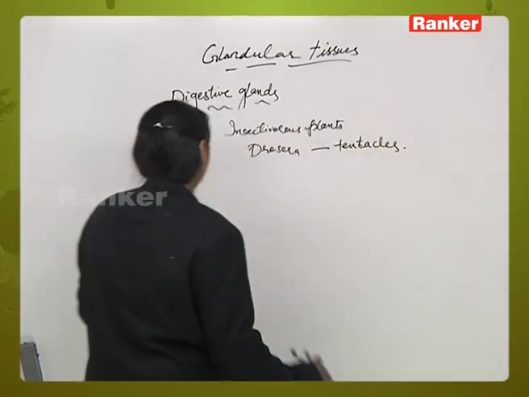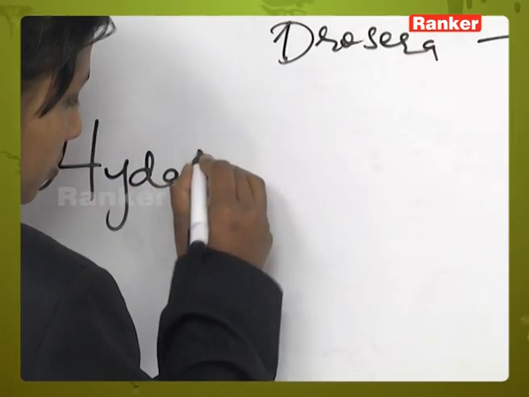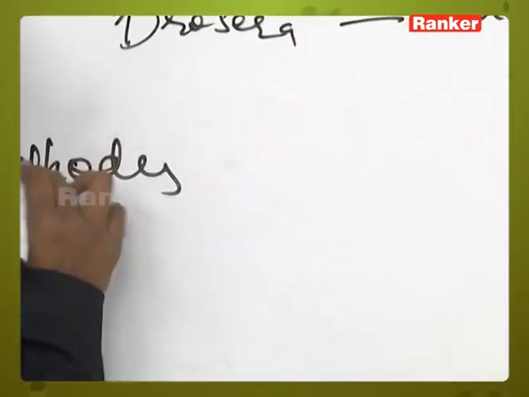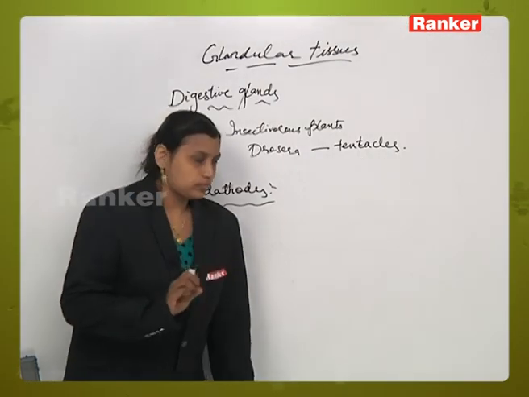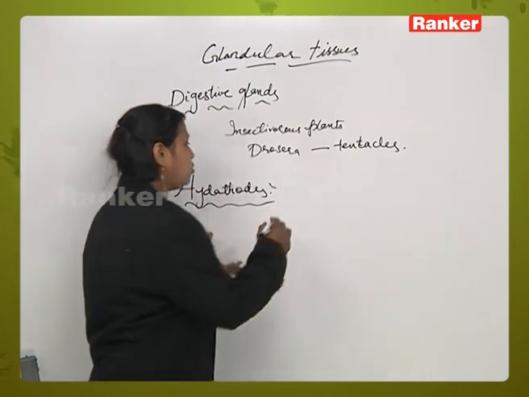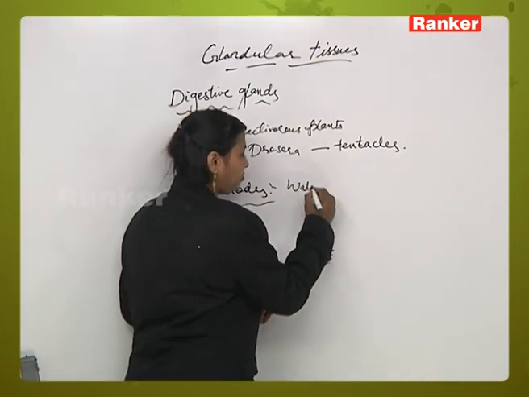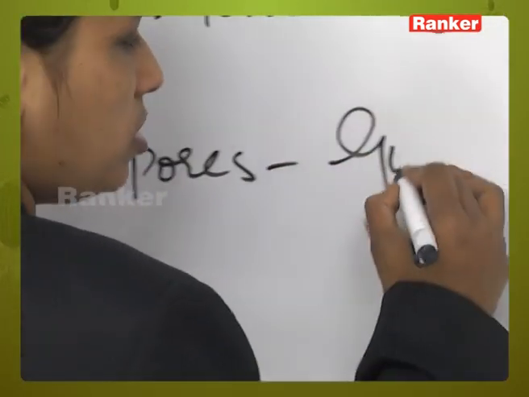Next one is hydathodes. What are hydathodes? Hydathodes are also called water pores. These are useful for the process of guttation.